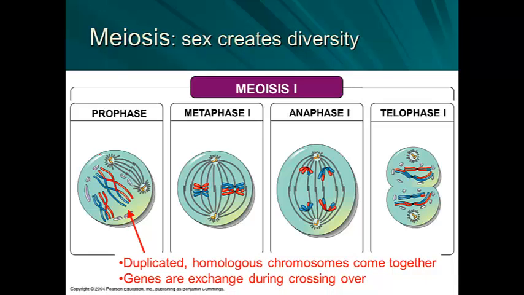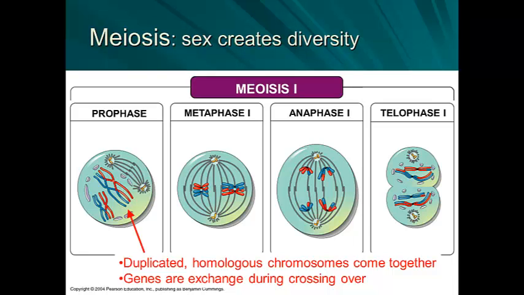In addition to having our chromosomes duplicated, once we're in prophase, the duplicated homologous chromosomes line up side by side, and they exchange genes. This process is called crossing over. You can see here these two long red chromosomes.